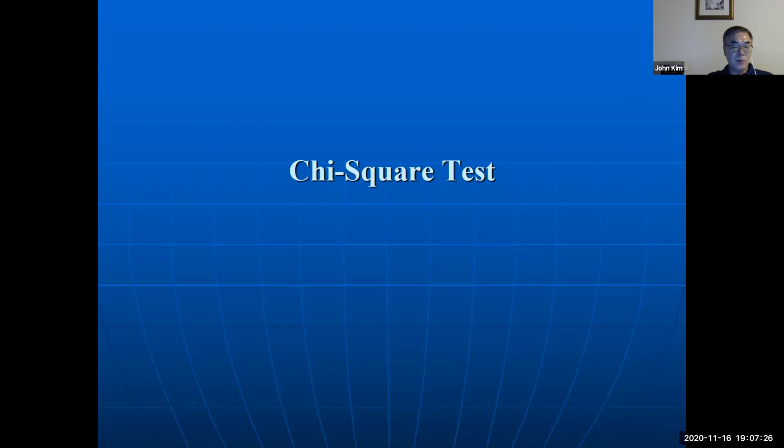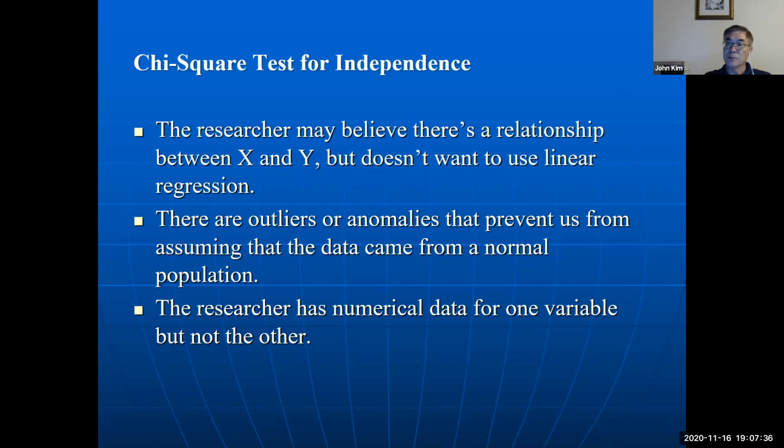The chi-square test is similar to the ANOVA test. If we have multiple data to compare, then we can use this chi-square. The researcher may believe there is no relationship between X and Y, but doesn't want to use linear regression, so uses chi-square, just using a sample without population.